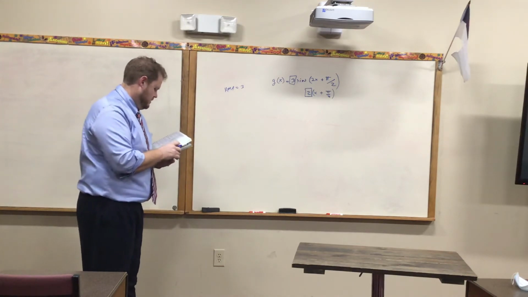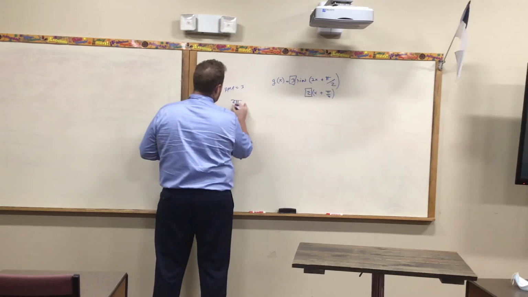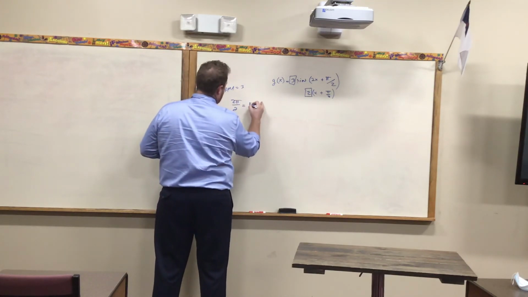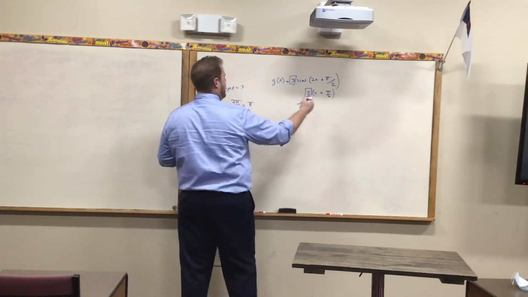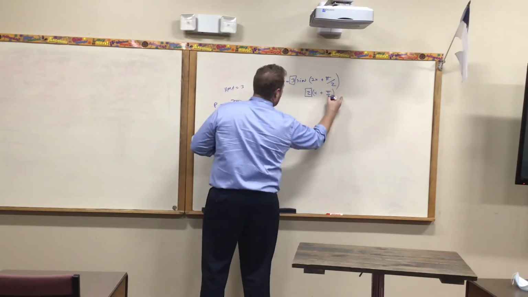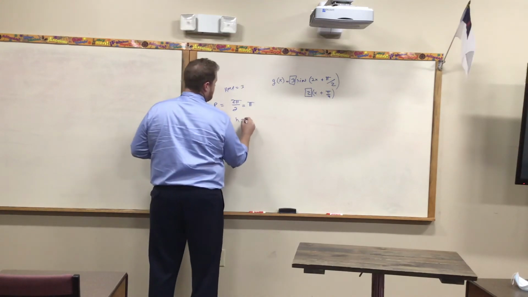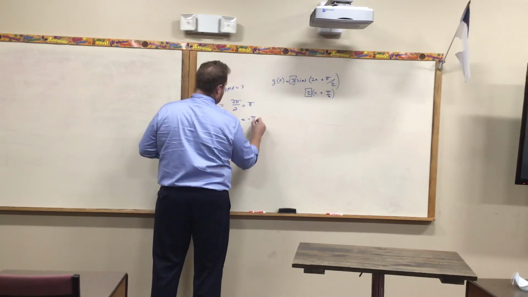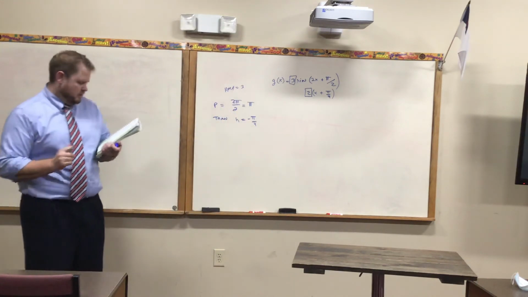It's 2 pi over 2, which is pi. And now the translation: h is equal to negative pi over 4. Everybody good with that?